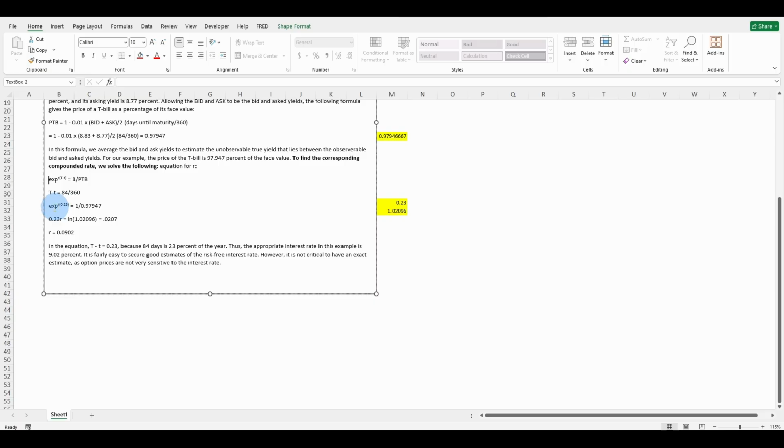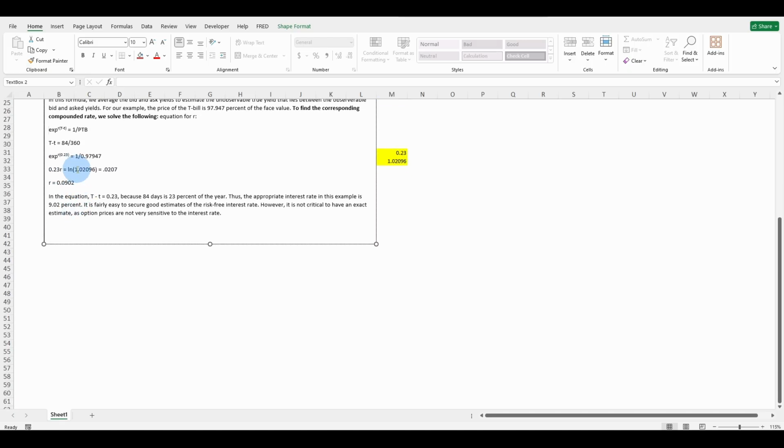Then we plug this in. So EXP(R times 0.23) equals 1 divided by 0.97947, which is 1.02096, so 0.23R equals the natural log of 1.02096, which equals 0.207.